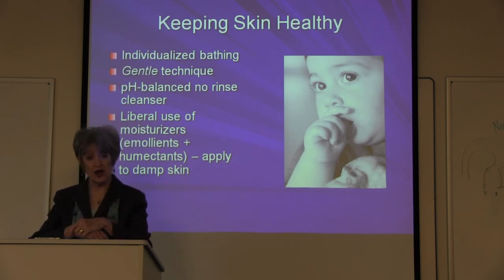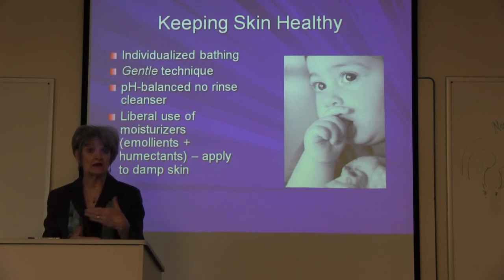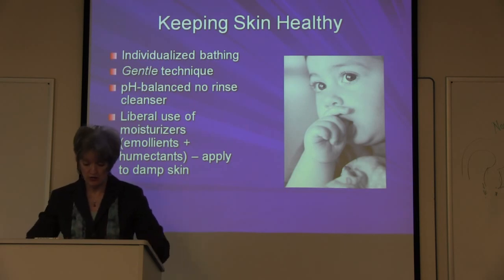So it actually traps water in the skin cells to keep them soft and plump, fills the gaps to maintain the barrier function. And dimethicone also provides some degree of protection against urine and stool. So dimethicone is both a moisturizer and a moisture barrier, and we'll come back to that.